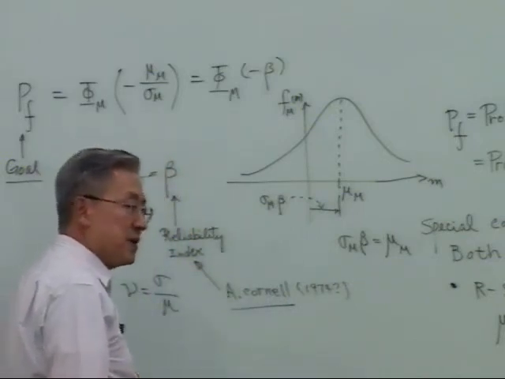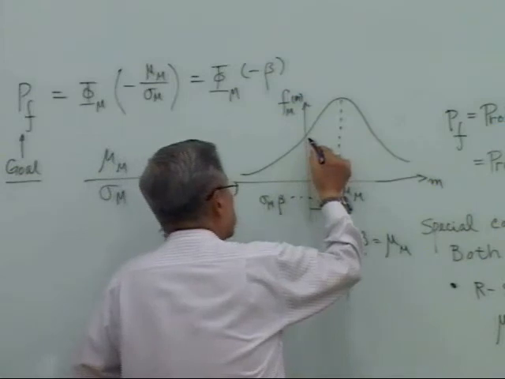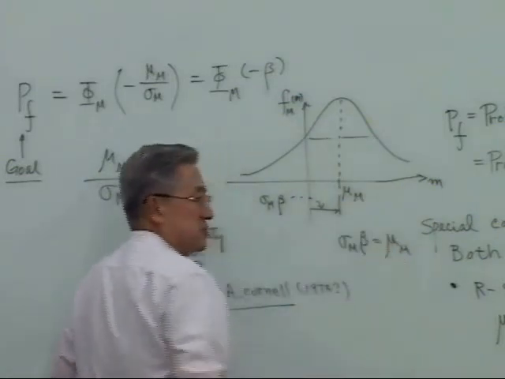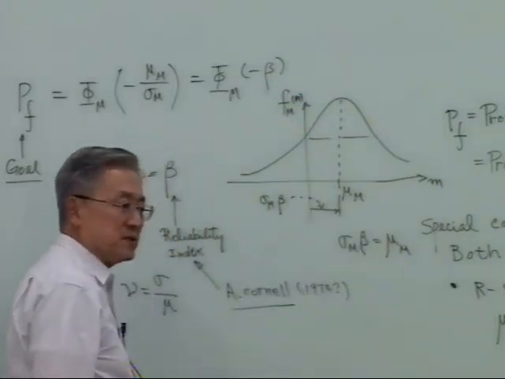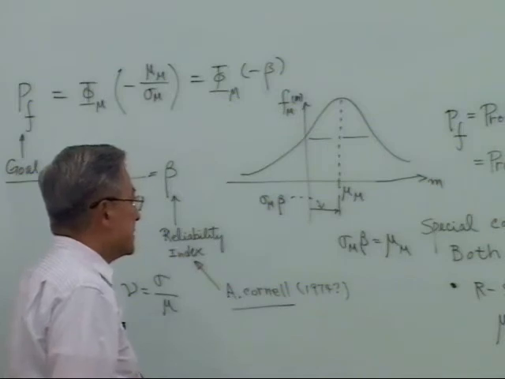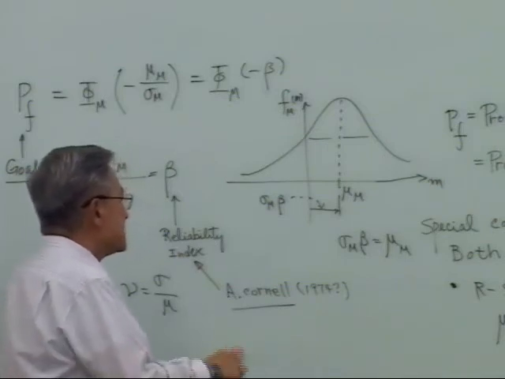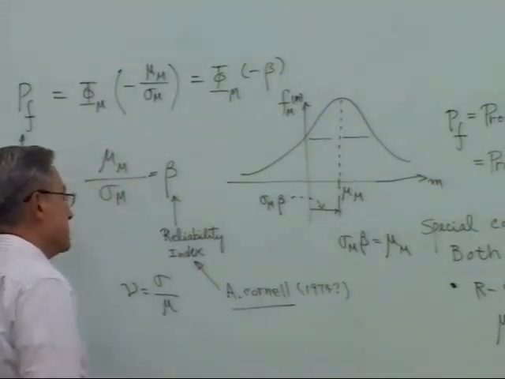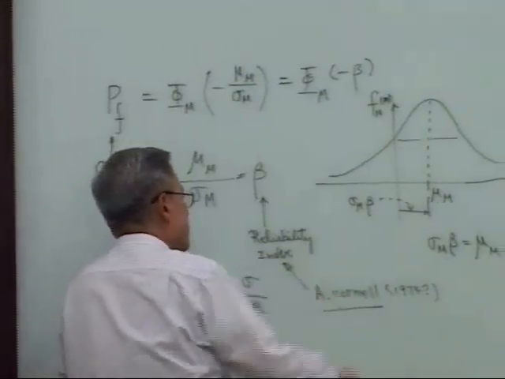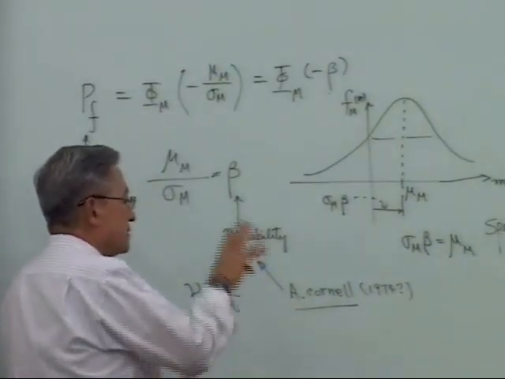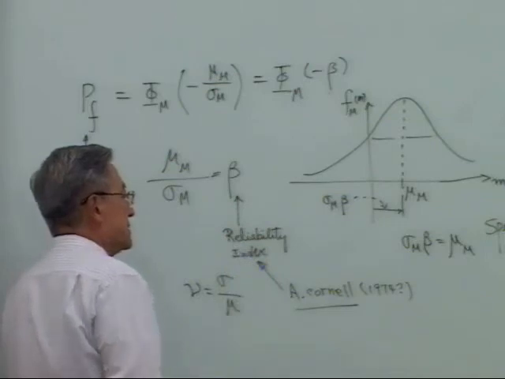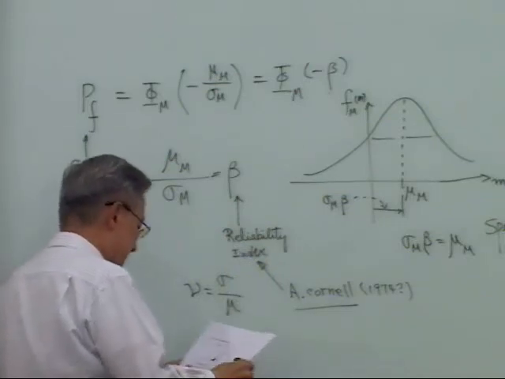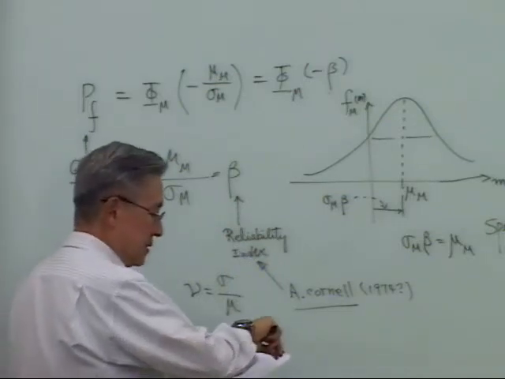Of course, sigma m is a measure of dispersion of the density function. And it's not the big thing, but it can be a measure of shift of the probability density function. Okay?